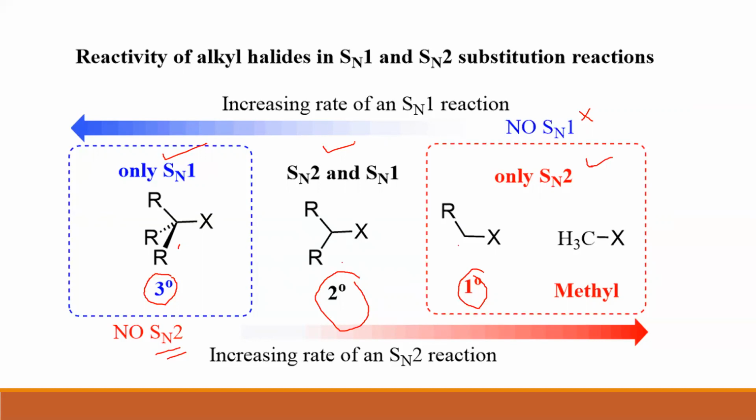Now, what do I mean by differentiate between SN1 and SN2? Write the differences between SN1 and SN2. So far, we have already come across differences. I want you to make a list of differences between SN1 and SN2. So that is the homework for today's class.